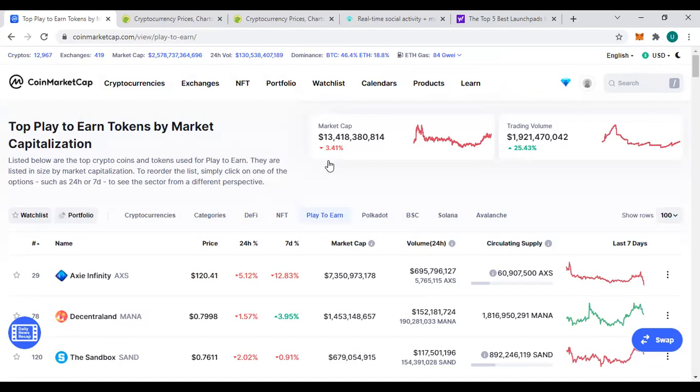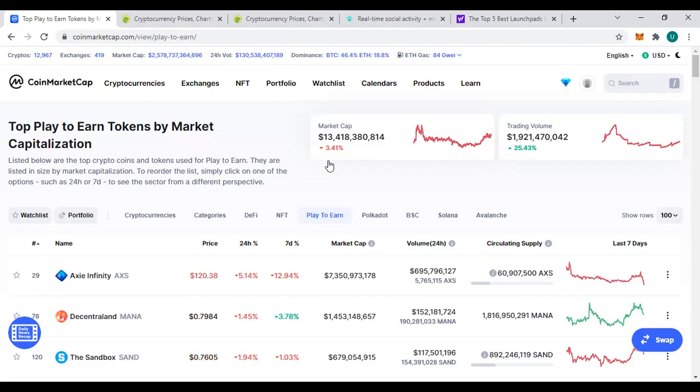In this particular crypto space, there are so many games that have been built into the blockchain ecosystem. When you play them, you earn the native token of that game as you're playing. And you can actually swap those coins and sell them and make profits, right? For free.